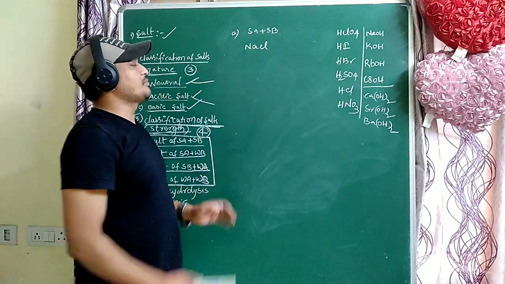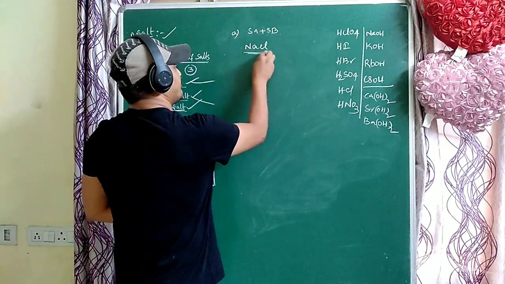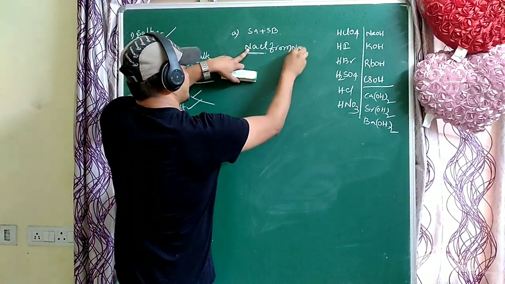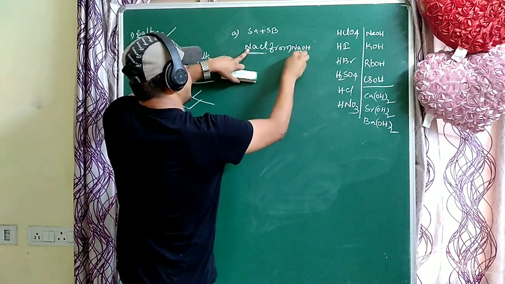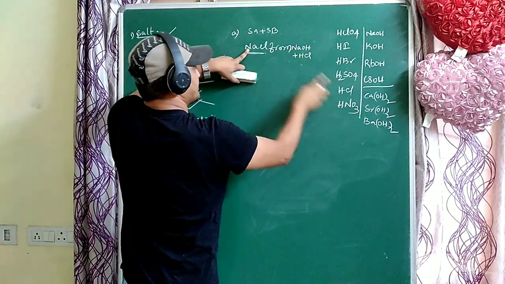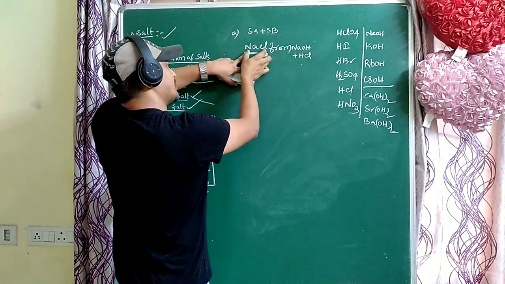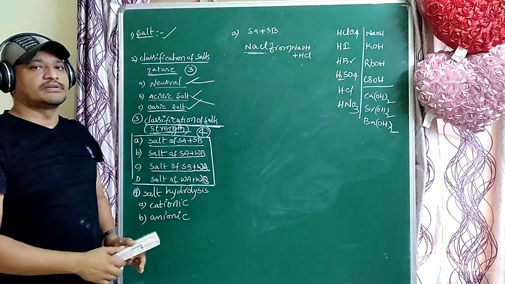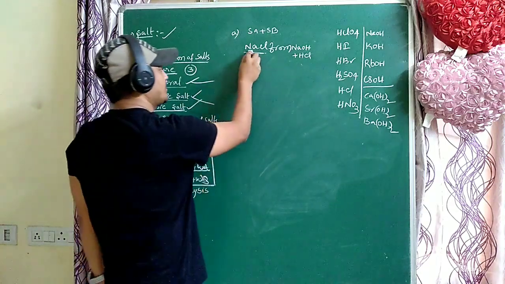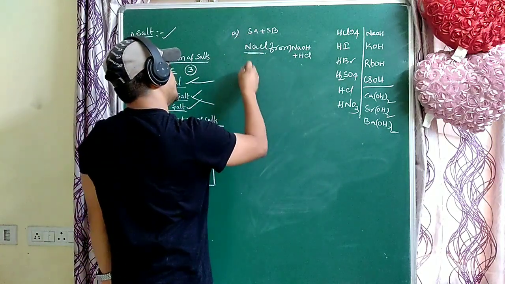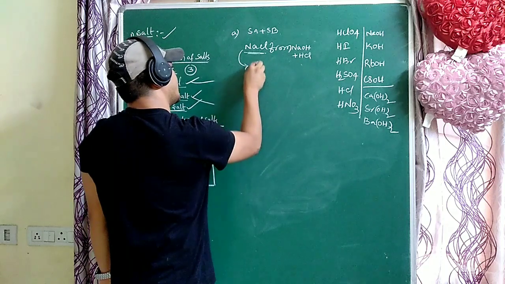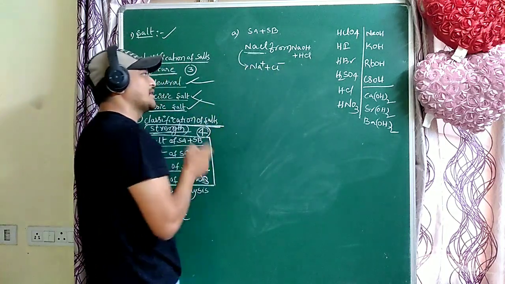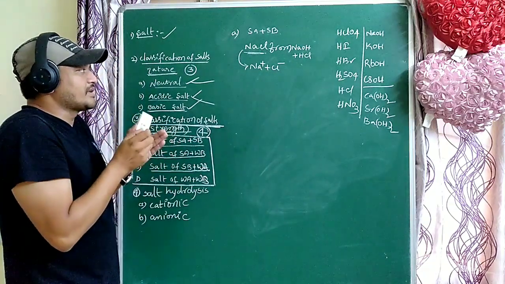The salt NaCl is prepared from NaOH, a strong base, and HCl, a strong acid, by neutralization. That's why this salt is called the salt of strong acid and strong base. The ions that come from strong acid and strong base are very weak.